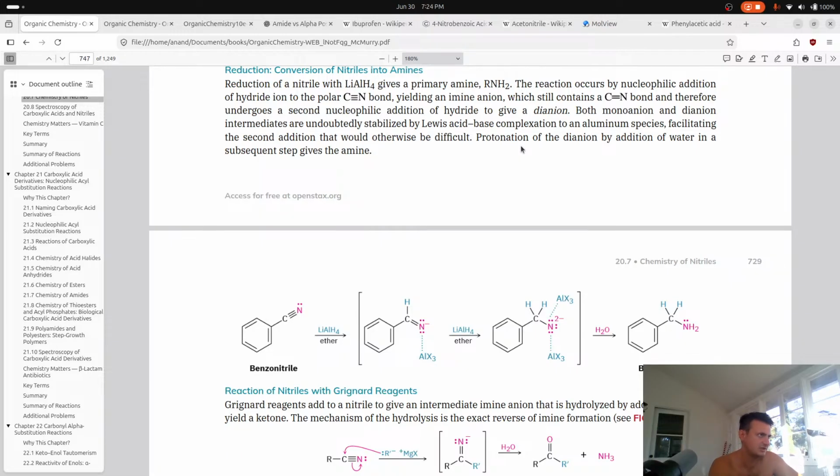So reduction gives nitrile to amine. So it's going to be some R, C, triple bond N, and we do LAH.